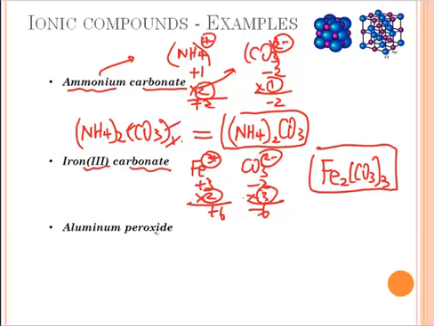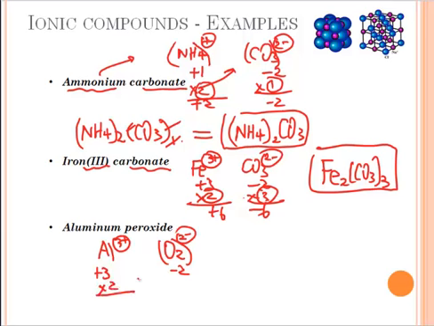The last one is aluminum peroxide. Aluminum is, as you can see, located in the group 13 elements. So the aluminum will be 3 plus. Peroxide, check on the list, and eventually you have to memorize, is O2 2 minus. So as a whole, O2 is 2 minus, and this one is +3. How do you get to the least common multiple?